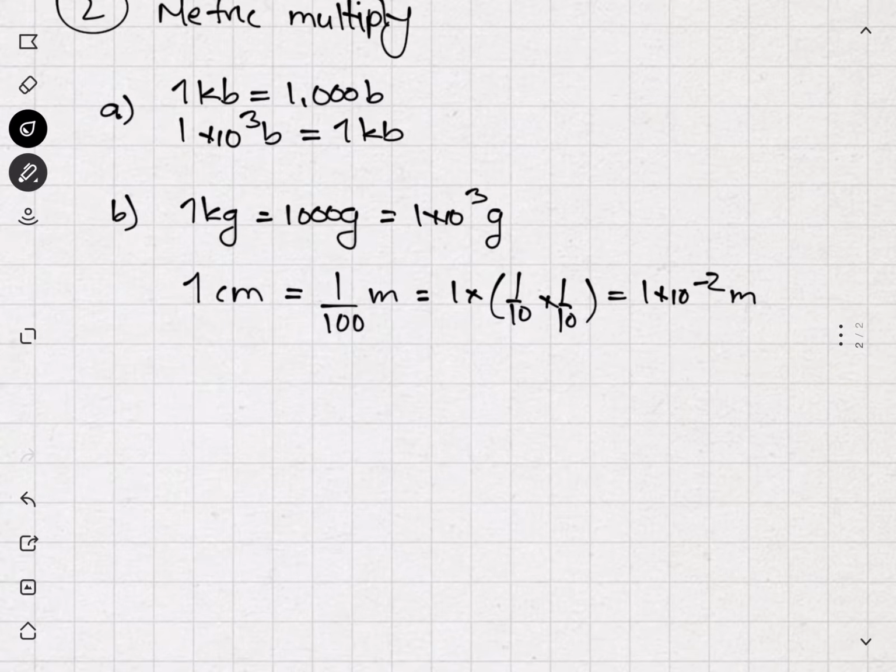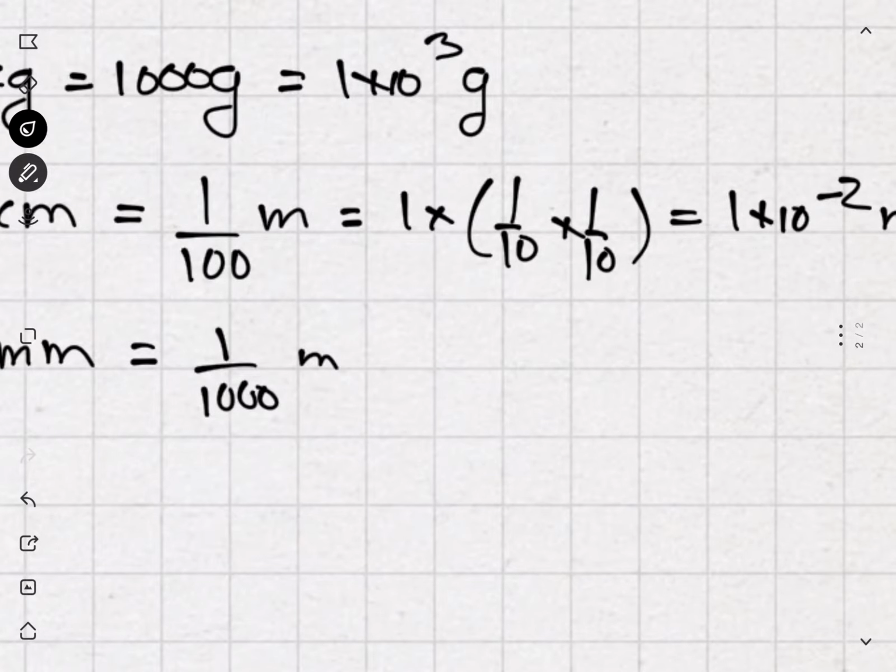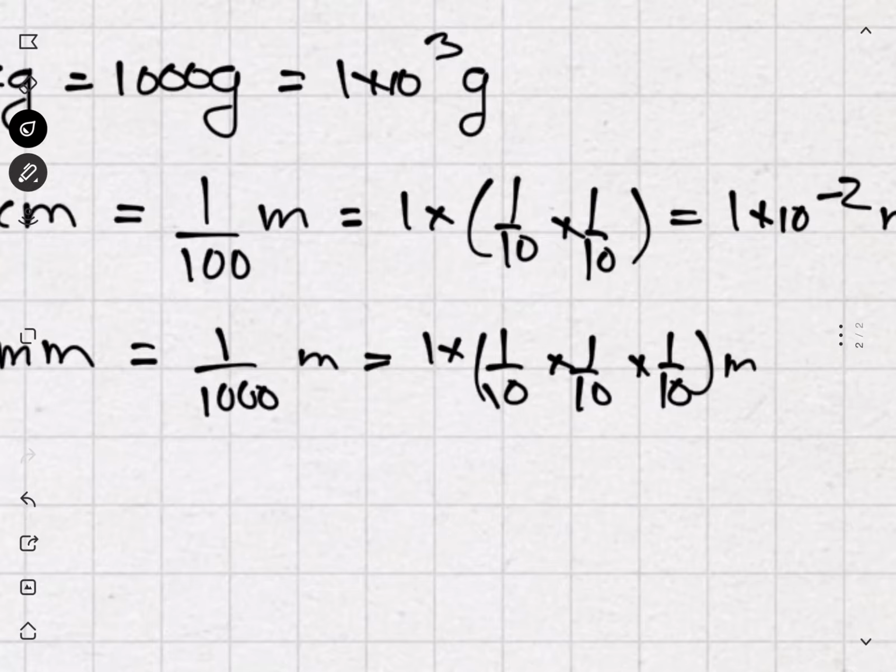That means that 1 millimeter is 1 over 1,000 meters, which is equal to 1 times 1 over 10 times 1 over 10 times 1 over 10 meters.